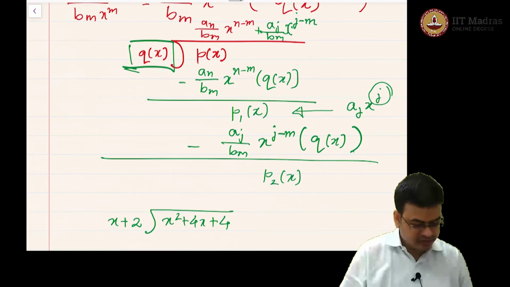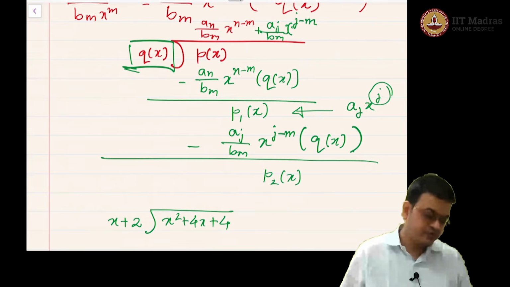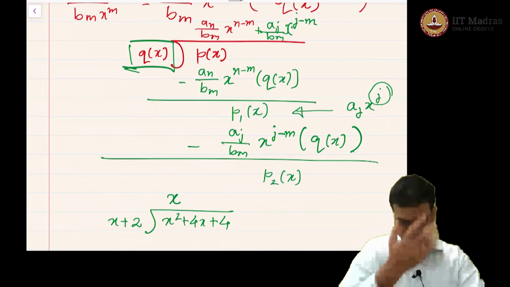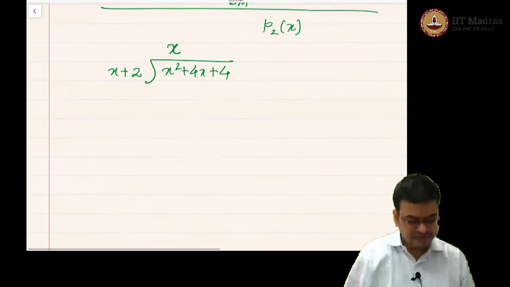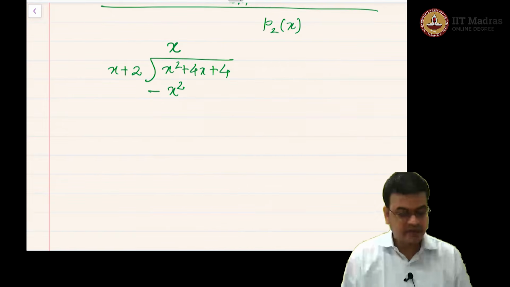What is a_n here? It's a_2, which is 1, and b_m is 1, so this simply gives me x, and x squared over here.